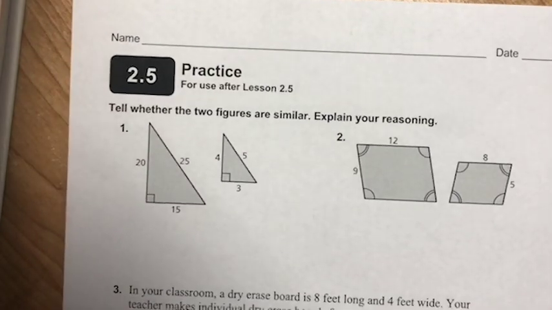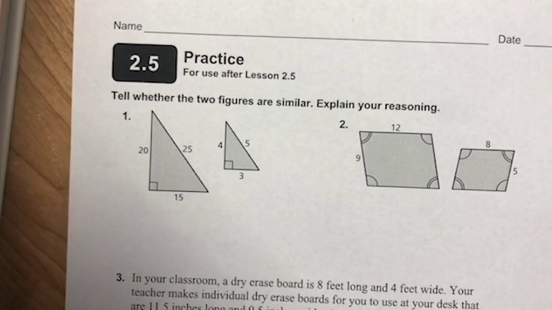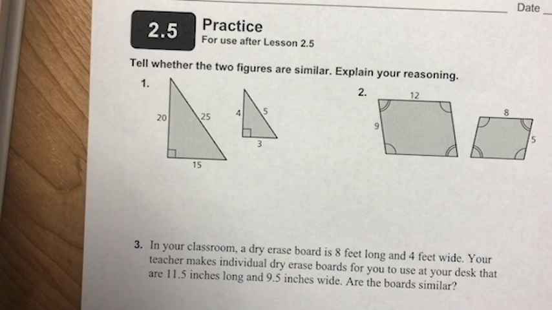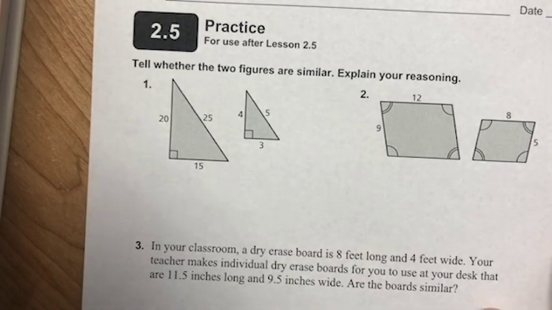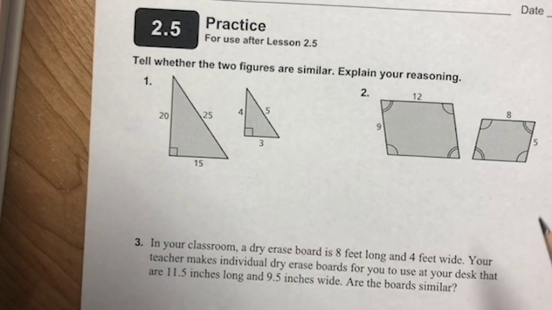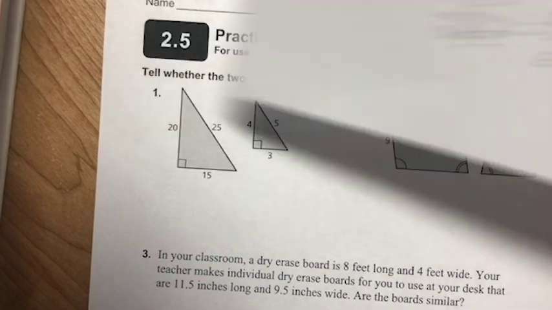It says, tell whether the two figures are similar. Explain your reasoning. So one, we need to look at angles. Well, it's kind of hard. We know that this is a 90-degree angle, and just by looking at it, it looks like these two angles are the same, so it's possible. But let's look at that second part, about the side lengths being proportional.